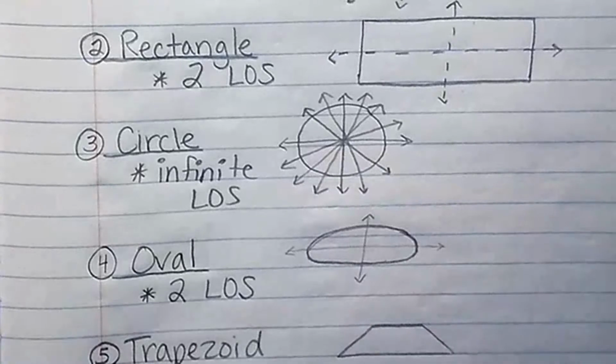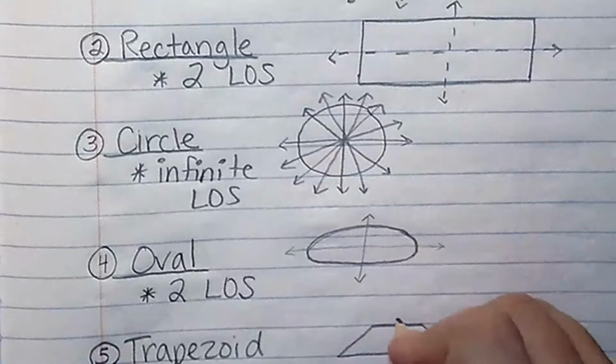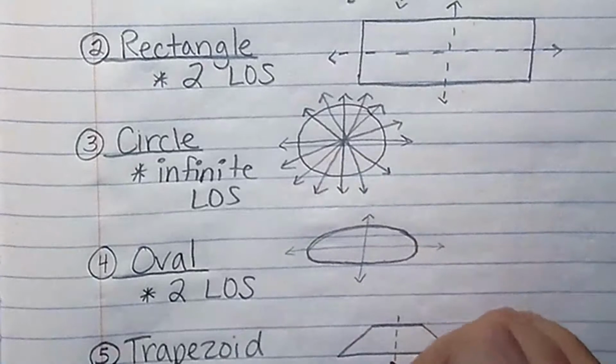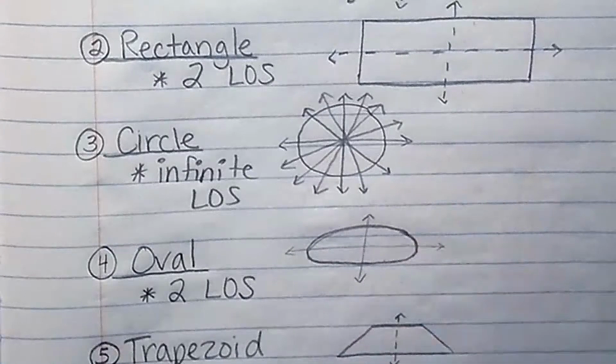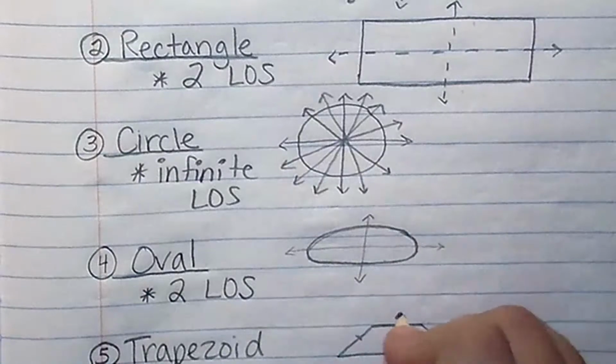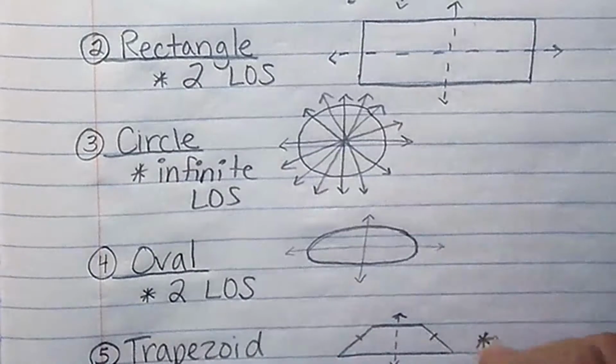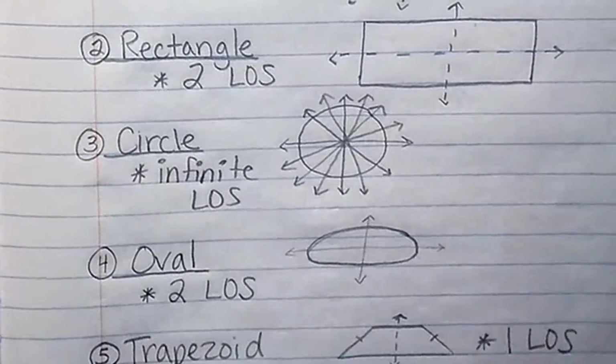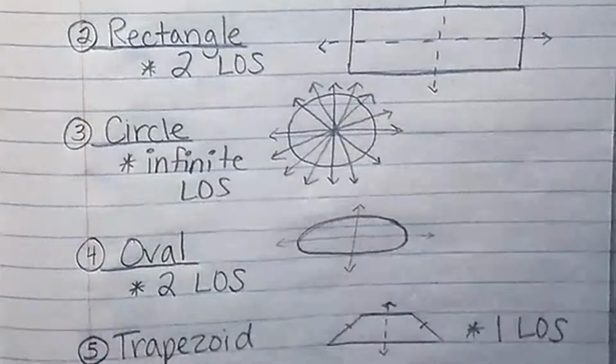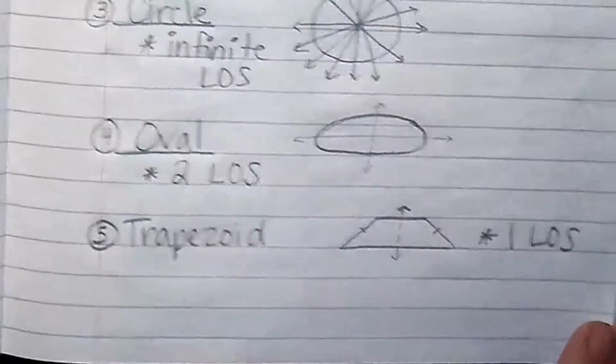Well, this trapezoid, and there are several different types we'll talk about a little bit next week, this trapezoid has a line of symmetry. I could split it right here because this side is the same as this side. So they would land right on top of each other and we'd be perfectly fine. This trapezoid has 1 line of symmetry. But not all trapezoids do, so be careful with your trapezoids.